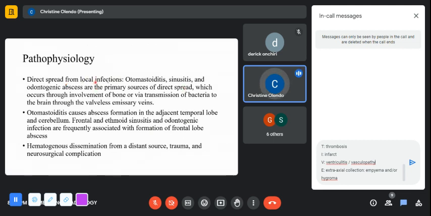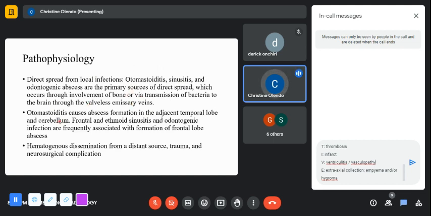If it's from direct spread, the areas that would most likely cause an abscess are if a patient has otomastoiditis, sinusitis, or an odontogenic abscess, which spread through the bone or valveless diploic veins.